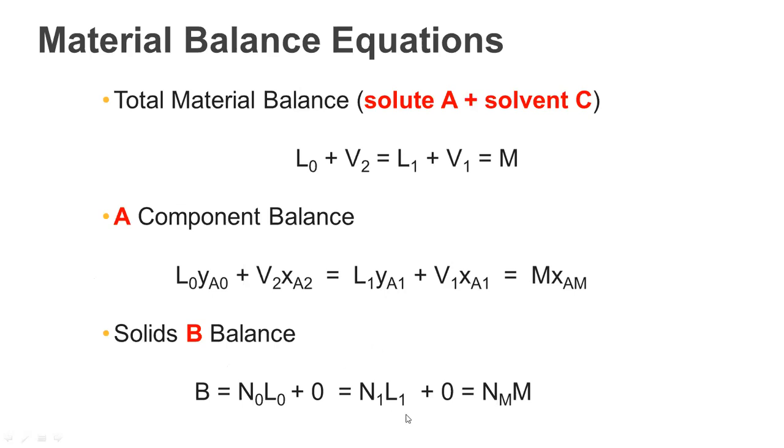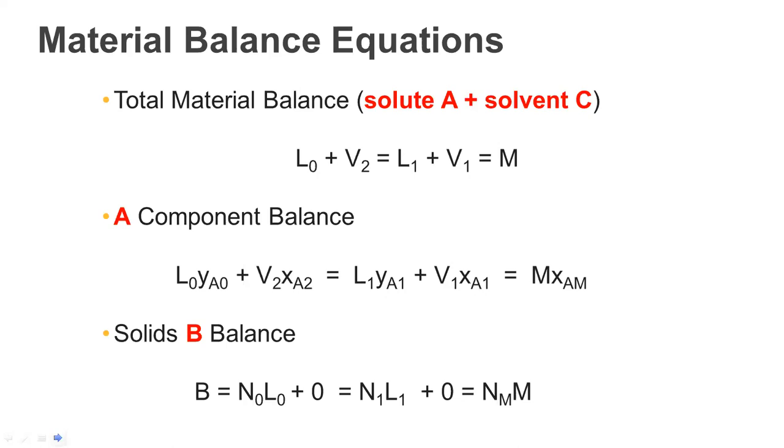So N1 and L1, and that should be the same solid present in the bulk solution M. So you have N, M. So this is another equation. So what's unique about leaching is we still have another equation to use other than the total material balance. And most of the time, it is suggested that you make a solute balance.